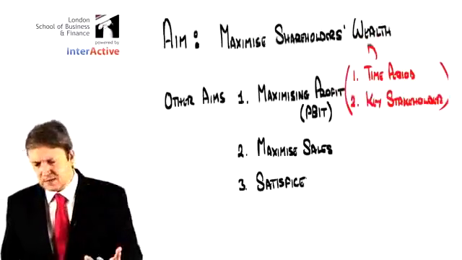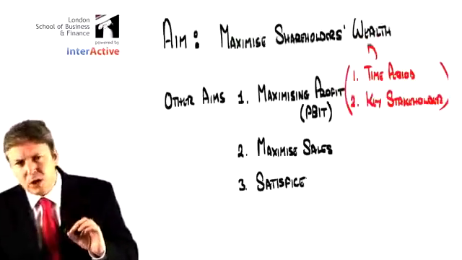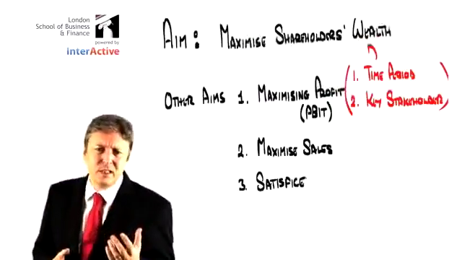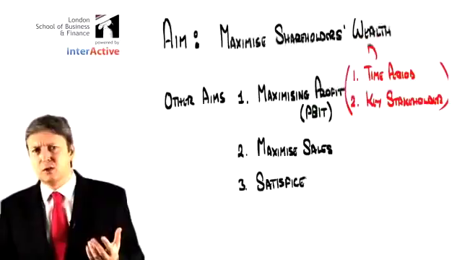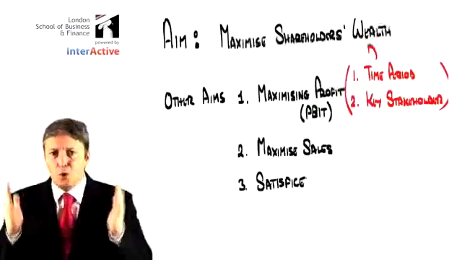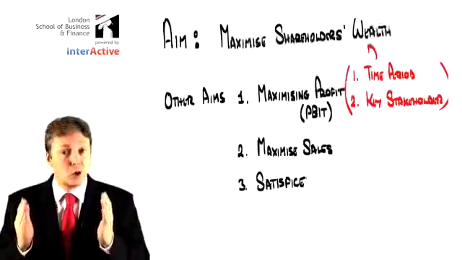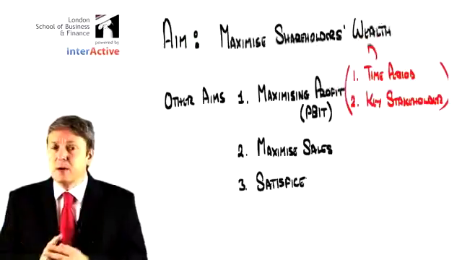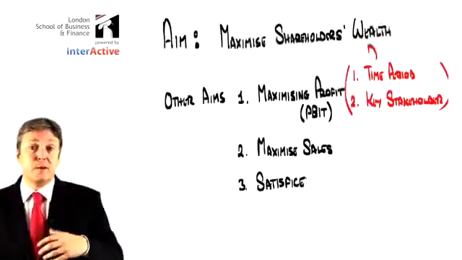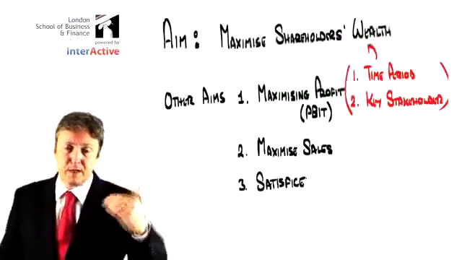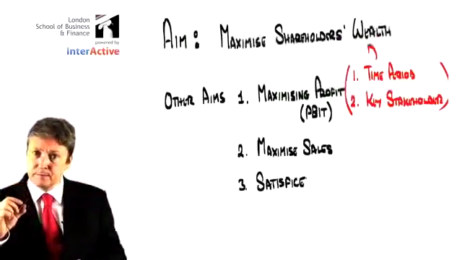The idea of satisficing is that if you look at most companies, they really don't maximise profit. They don't maximise shareholders' wealth. They don't do that because they're happy being within the environment where they are confident that they can make a profit. The idea behind satisficing is that we offer a satisfactory profit, an acceptable level of profit, but at a minimum of risk.